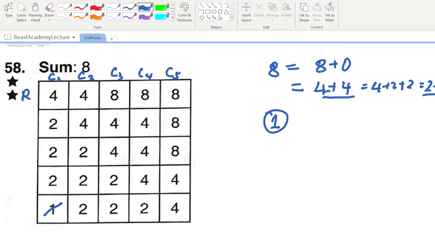And I call this row 1, row 2, row 3, row 4, and row 5. Okay, this is the first step. For the second step, let me give you the hint.